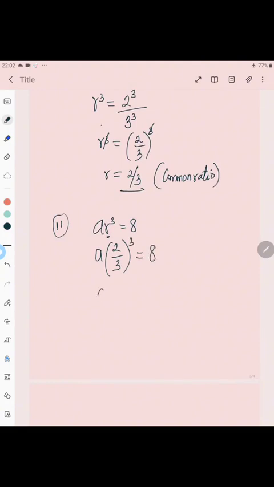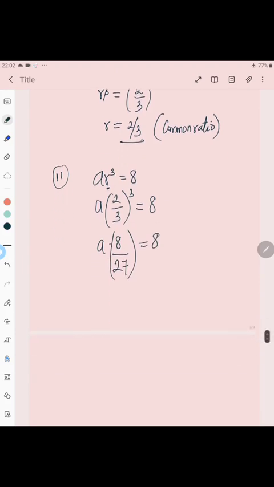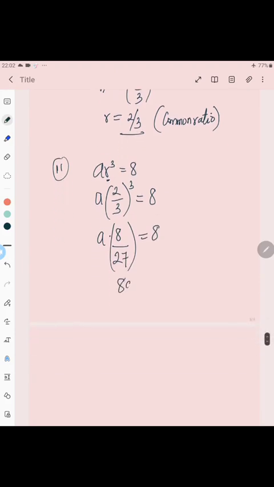This is the same as A multiplied by 2 to the power of 3, which is 8, over 3 to the power of 3, which is 27, equals 8. Simplifying further, we have 8A over 27 is equal to 8, same as 8 over 1, so we can cross multiply. We have 8A times 1 is equal to 27 times 8.